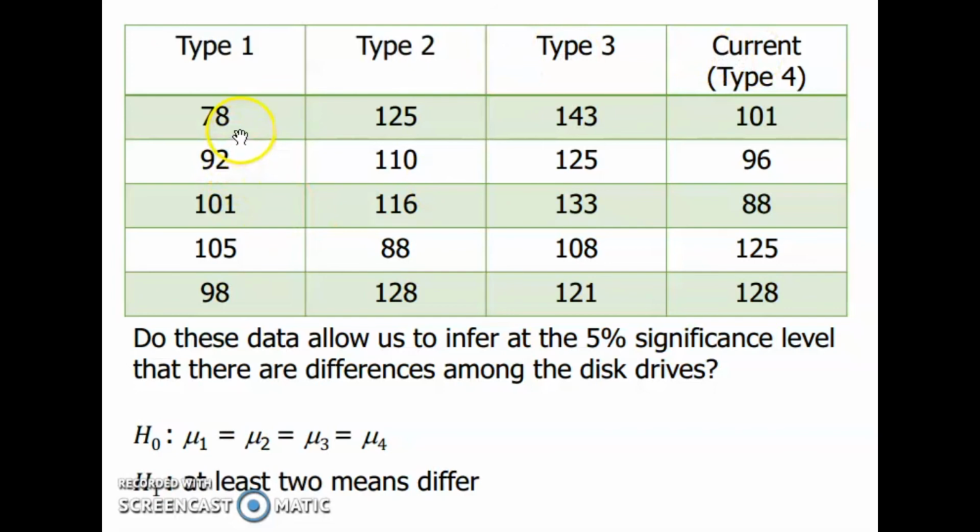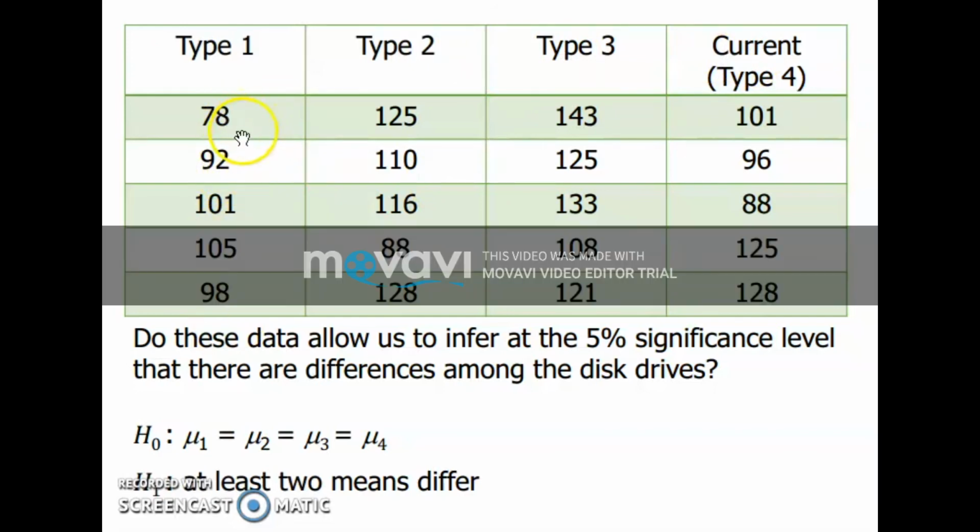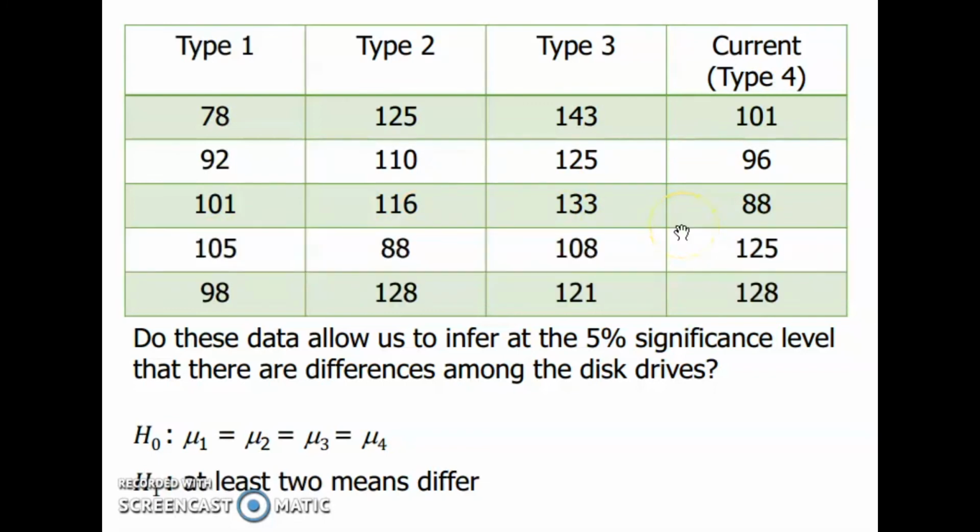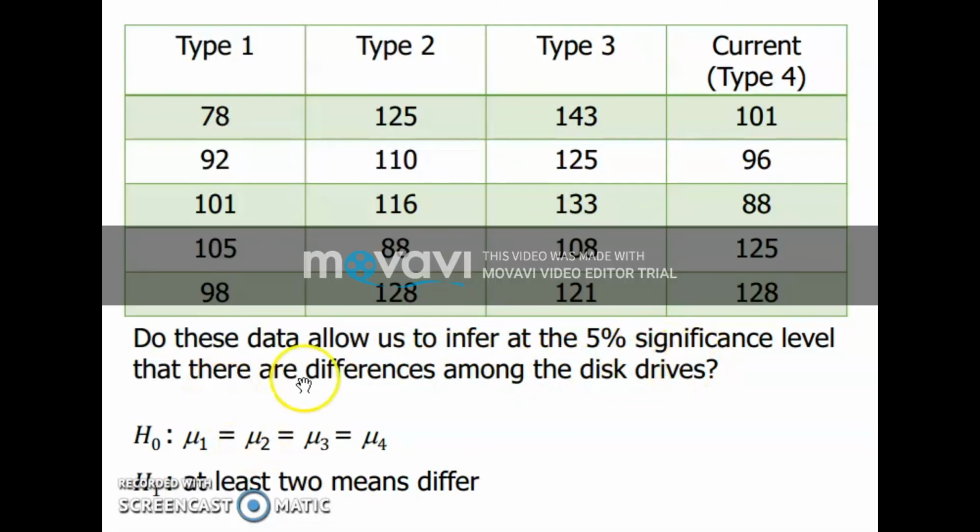If you look at type 1, he's taking 5 samples. Here we are using exactly the same number of samples. And the question is, does this data allow us to infer at the 5% significance level that there are differences among the disk drives?